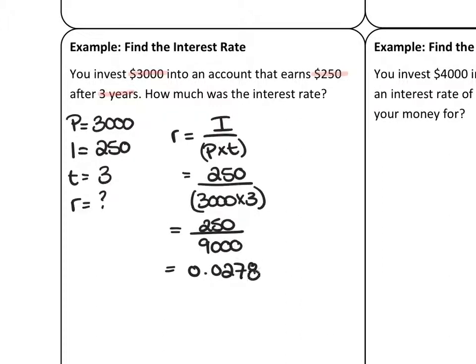It repeats, so I'm just going to round it. Now this is in decimal form. If you want to actually change it to percent, just multiply by 100. And if we do that, it will give it to us in percent. So we get 2.78%.